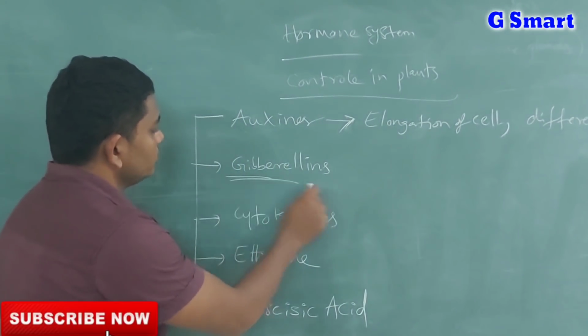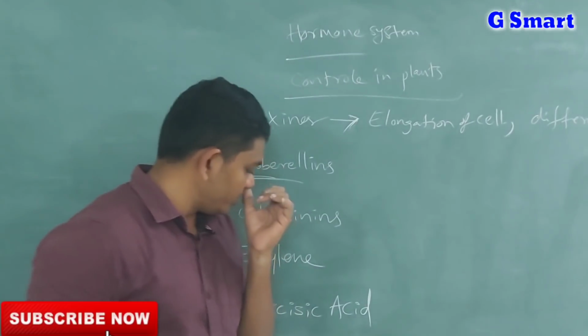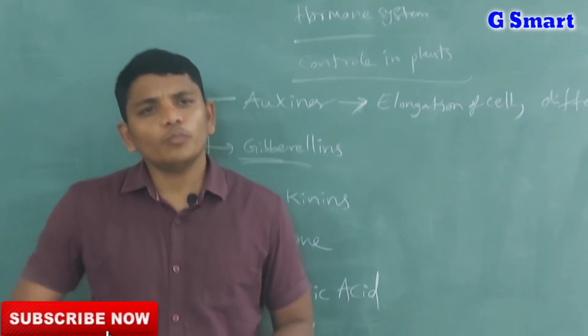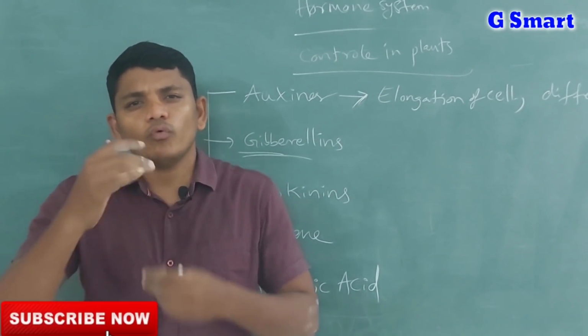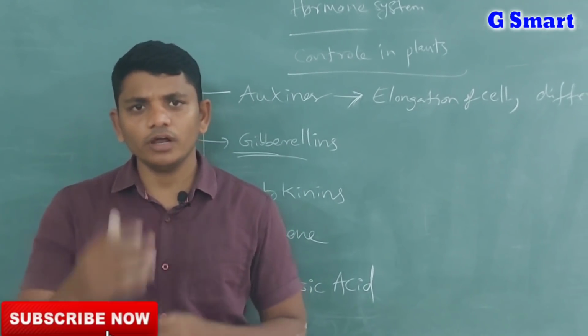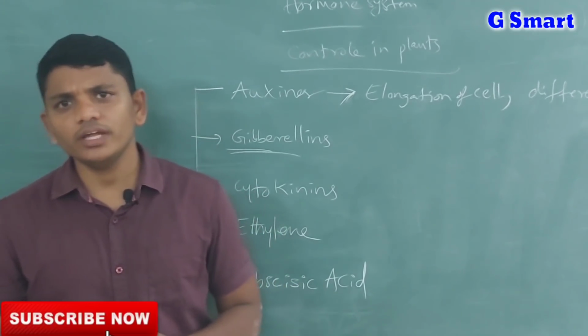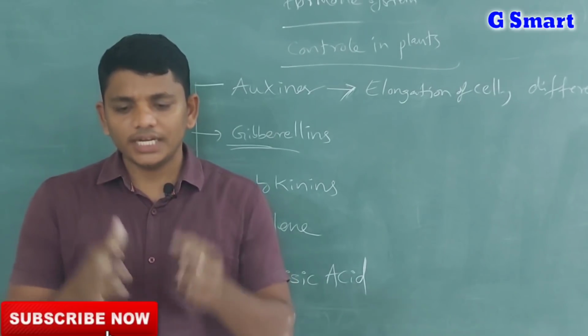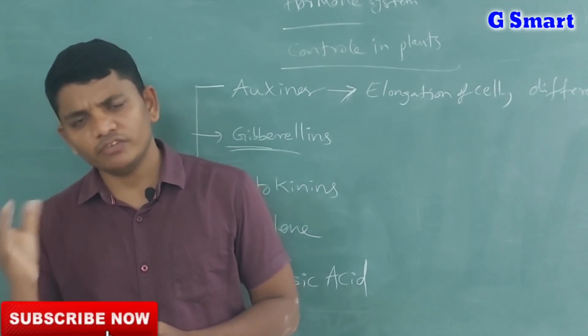And gibberellins. Gibberellins are very important hormones released by the plants. They promote overall growth in the plants, like development of fruit, stem, and leaf.